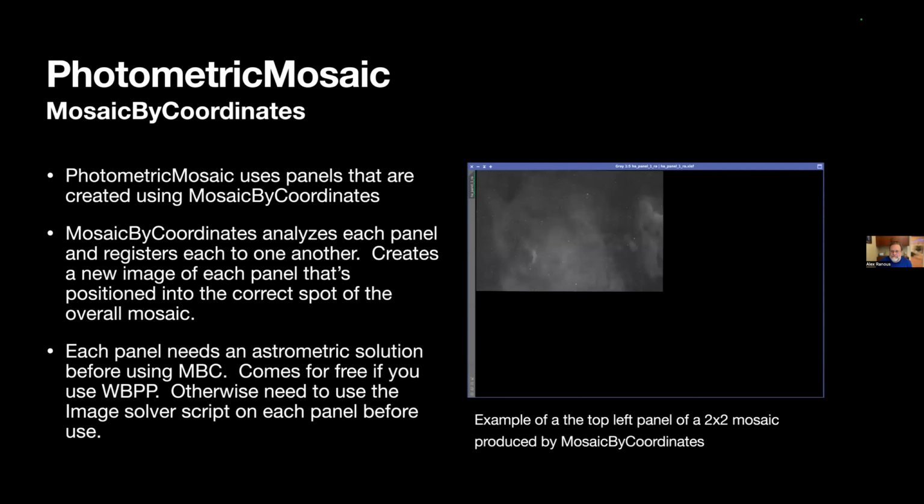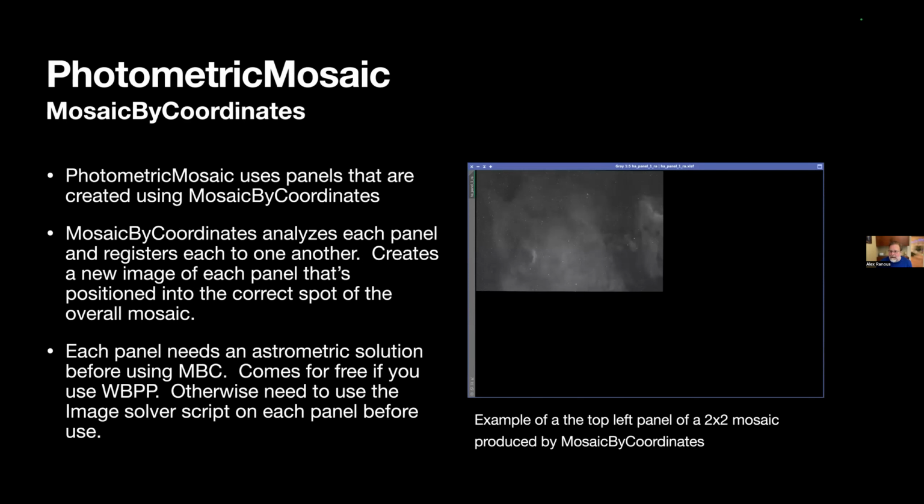So the first step of the process is Mosaic by Coordinates. Like I said, you load all of your panels into this script, and I'll do a demonstration of this in a little bit. Basically, it goes through all the FITS headers of all the files and figures out where each panel is relative to each other.